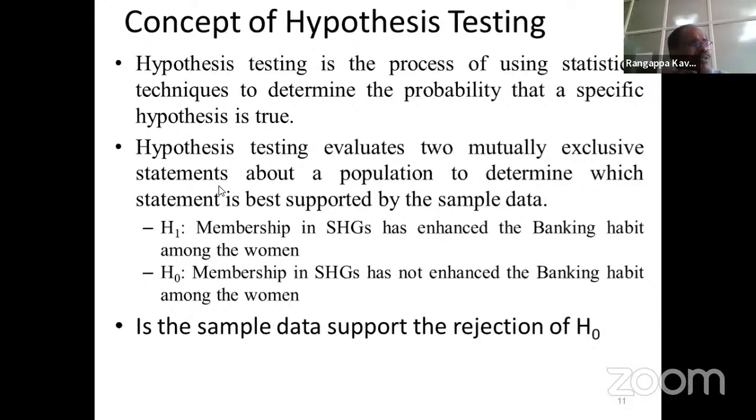To test it in the testing process, you use a null hypothesis. Here in this example, the null hypothesis is: membership in self-help groups has not enhanced the banking habit among the women. Whether a woman is participating in SHG or not participating, their banking habit is one and the same. There is not much change. Even the women who have participated in SHGs, their banking habit has not changed compared to the other group of women. So this is what the null hypothesis is.